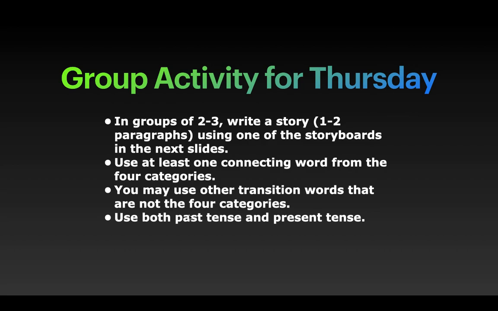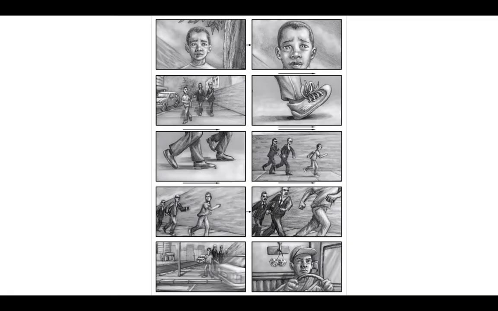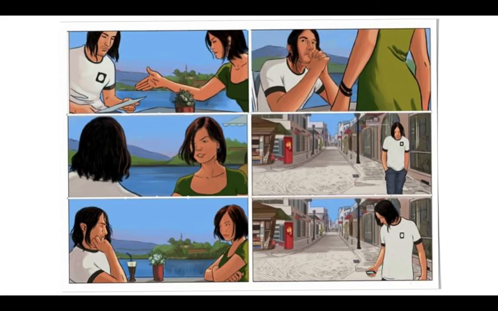So I want you to be able to use both of them, so that you can master the difference between the two of them. And these are the storyboards. So you can just choose one.